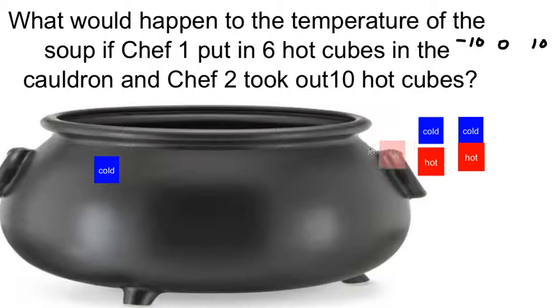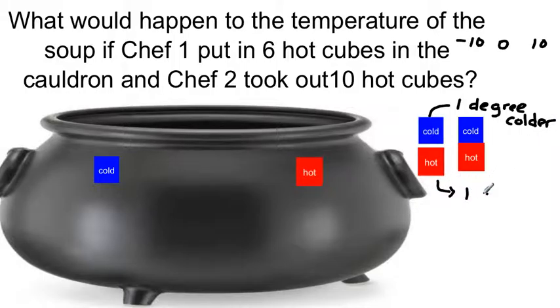And if I put this hot cube in, well, it raised my soup up 1 degree, and therefore it is back to where it started. So this is 1 degree colder, and a hot cube is 1 degree warmer, and they're both 1 degree. So in this particular example, we are talking about this chef who had to put in 6 hot cubes.